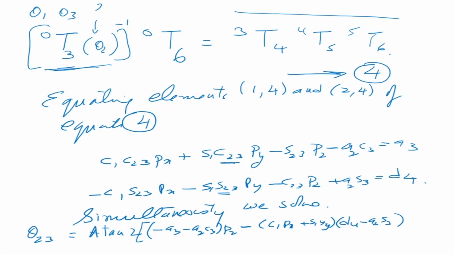This is my sine term, and the cos term is a2 s3 minus d4 pz minus a3 minus a2 c3 c1 px plus s1 py. Okay, so this is giving me theta 2, 3, and to get theta 2 out of this, I need to do theta 2 is equal to theta 2, 3 minus theta 3. We already have theta 1, we already have theta 3. So theta 2 is equal to this, so I get my theta 2 now.